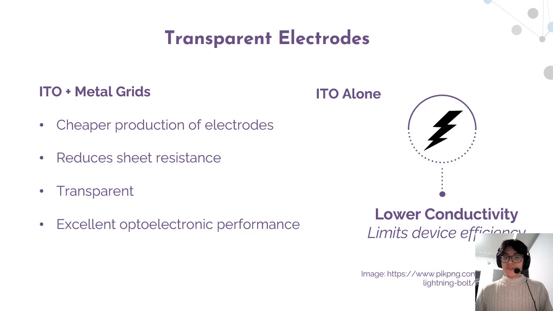Therefore, our objective is to implement a transparent metal electrode on ITO, improving the conductivity and therefore performance of the device. Fabricating thin metal grids has been previously shown to decrease the electrode sheet resistance compared to pure ITO. With a small enough pitch and line width, the metal grid structure allows one to maintain electrode transparency with only a small decrease in transmittance.